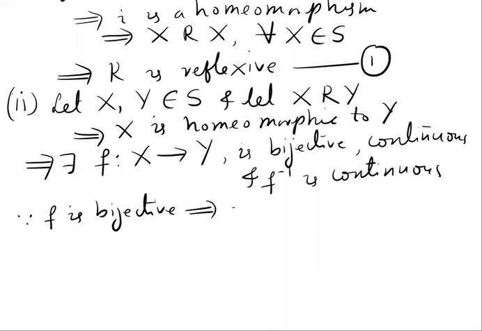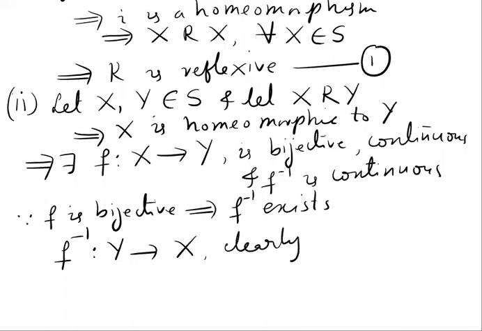F inverse exists. F inverse will be from Y to X. So I got a function from Y to X. Is it bijective? Clearly, F inverse is bijective because F is bijective.